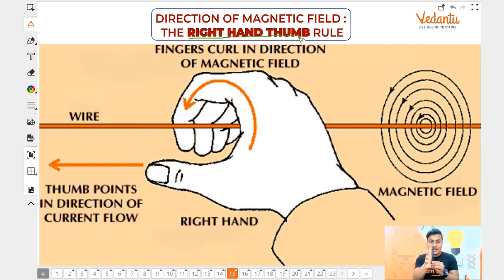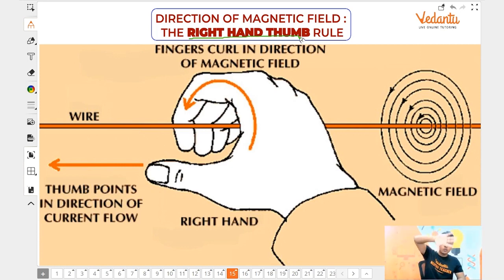So when the current is going upward, the fingers wrap around anti-clockwise. Correct? Try it yourself right now. Take your pen, take anything, or do it in air. When the thumb is upward and I wrap it up, it's moving anti-clockwise. Simple, very simple.